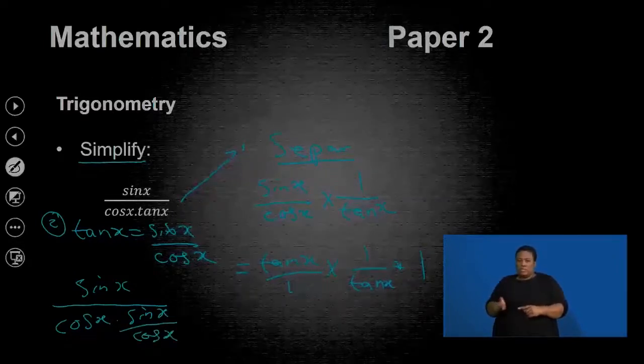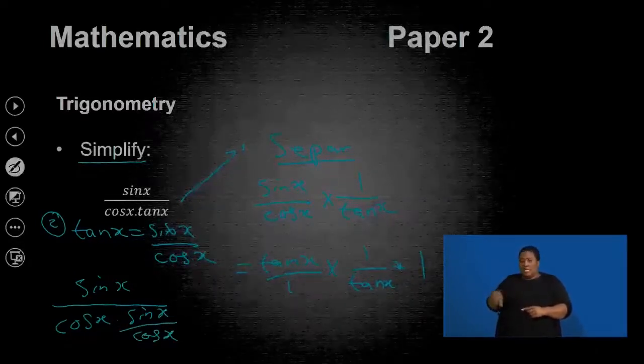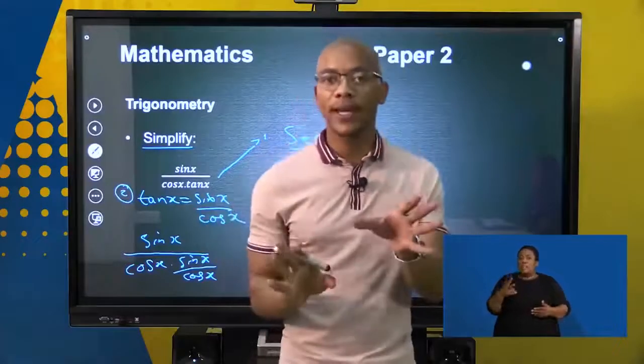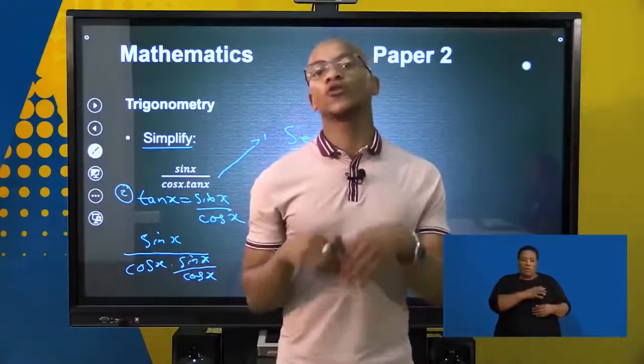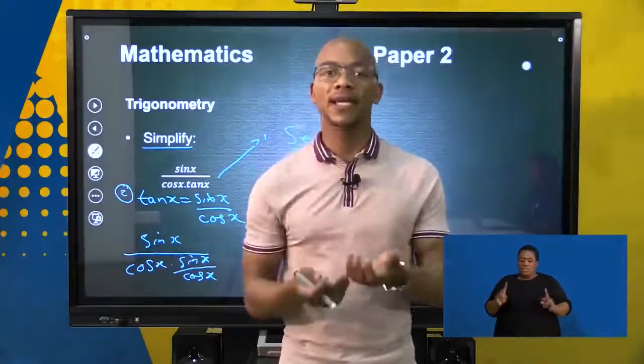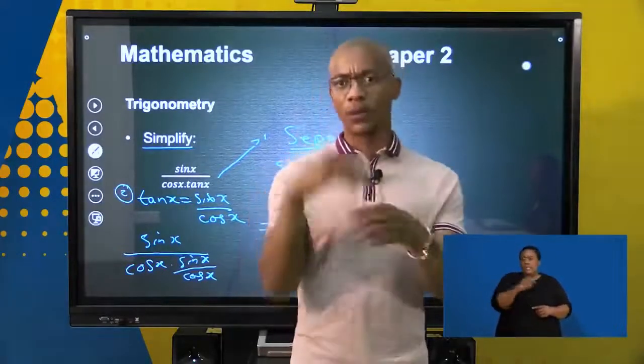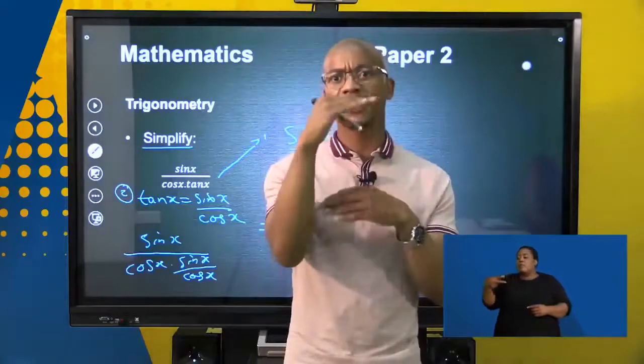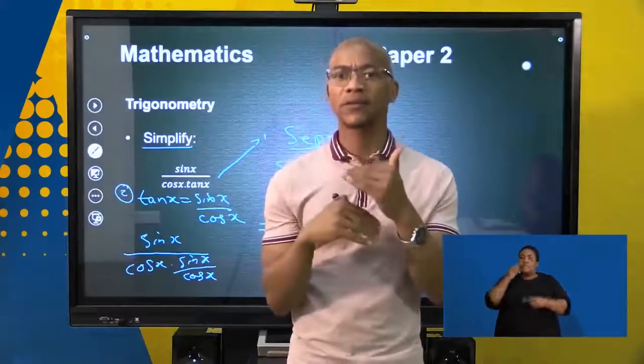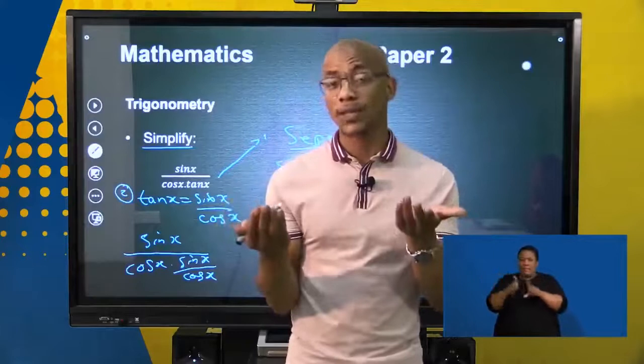And then you can already see from that question that the cos and the cos in the denominator will divide and you'll be left with sine over sine, which automatically is 1. Because if you divide something by exactly the same thing, your answer is always 1.